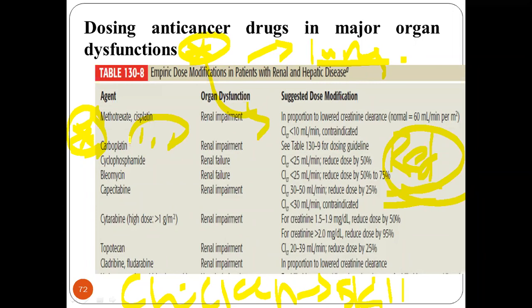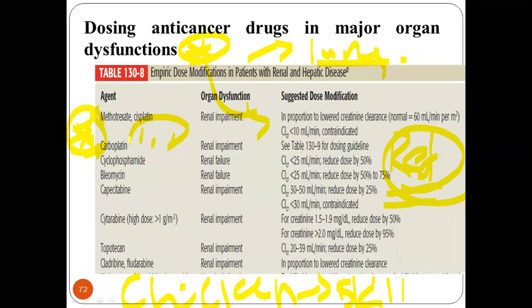Apart from that, when the disease is more progressed or advanced, the performance status of the patient might be lower. That means if you give the same chemo regimen, the patient can encounter more severe adverse effects, such as myelosuppression, because of the advancement of the disease.